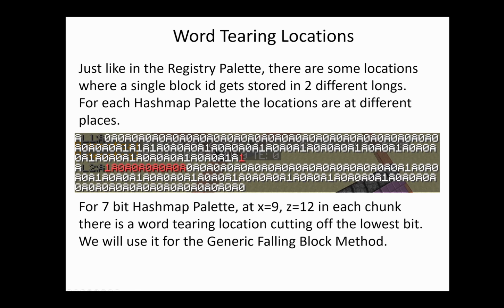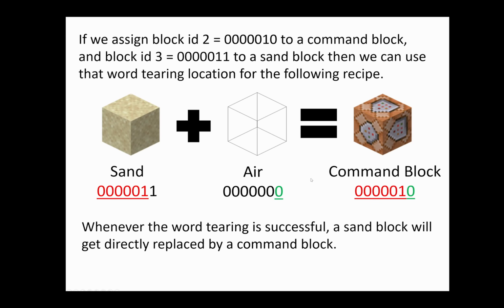So you can't actually do word tearing in an 8-bit hashmap palette. Or at least you can't create new block IDs, but you can still do word tearing, but just can't create any new blocks.